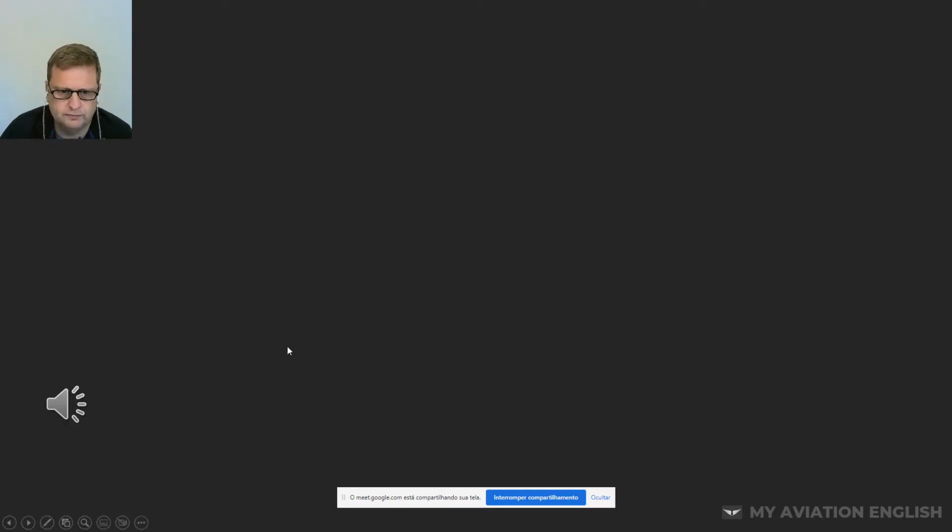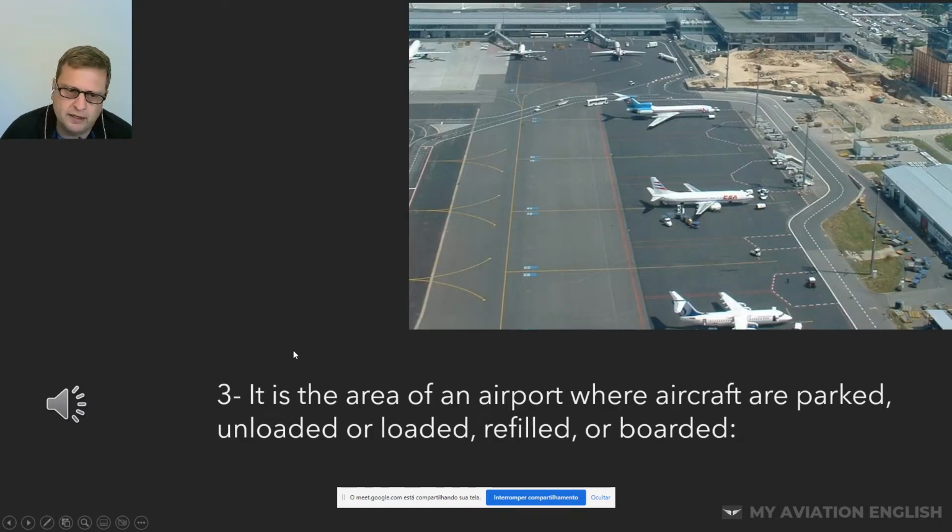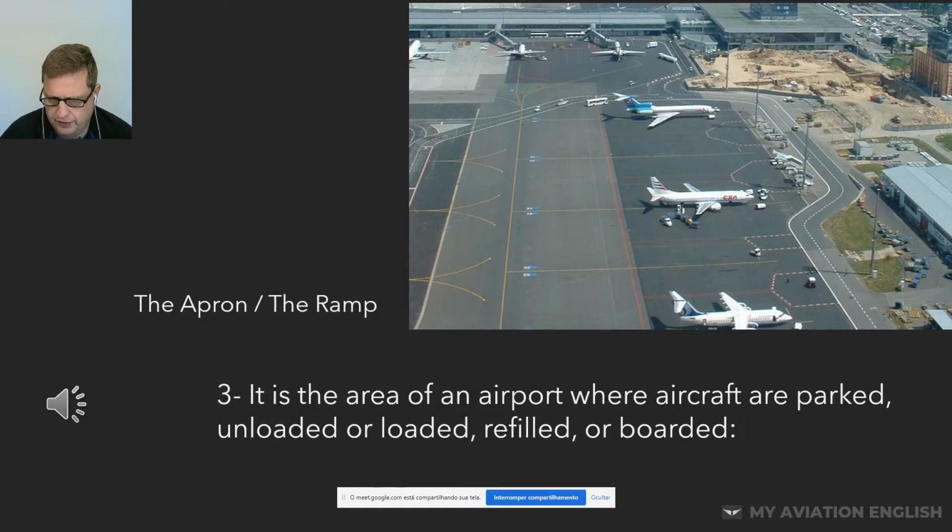Good. Pode repetir essa frase para mim? It's the area of an airport where aircraft are parked, unloaded or loaded, refilled or boarded.